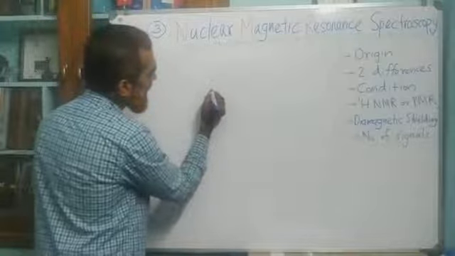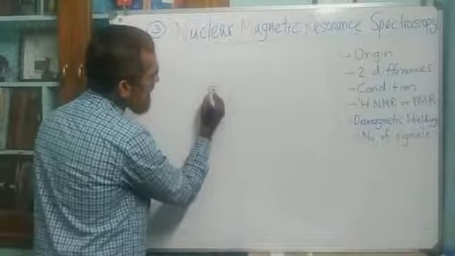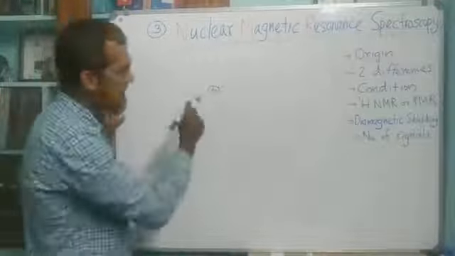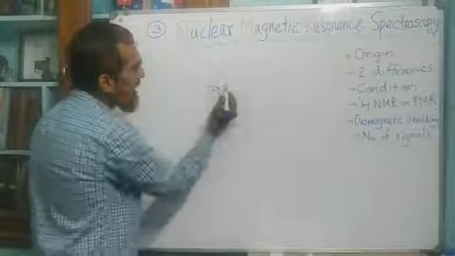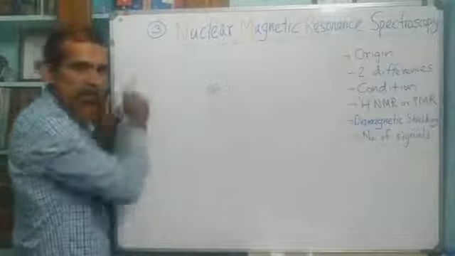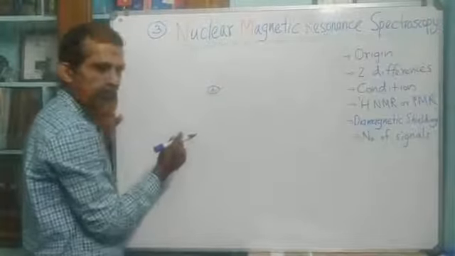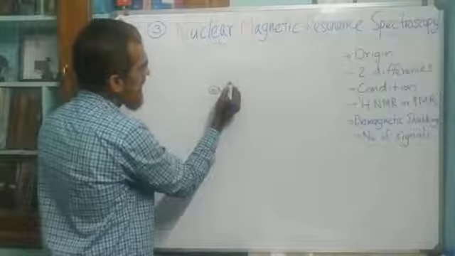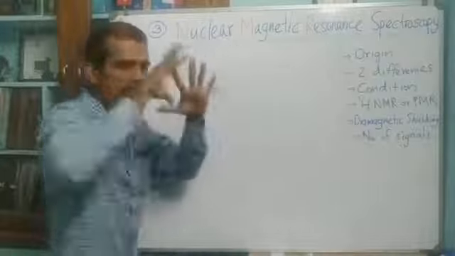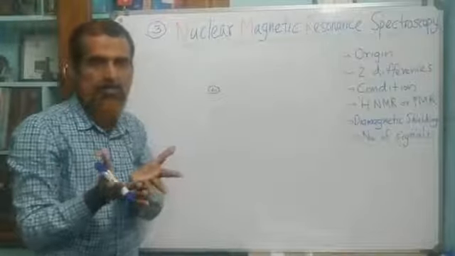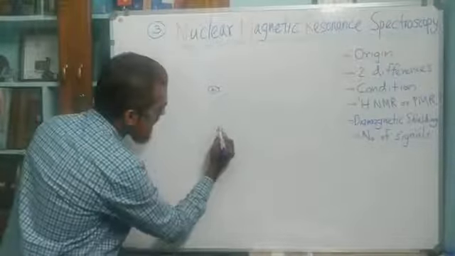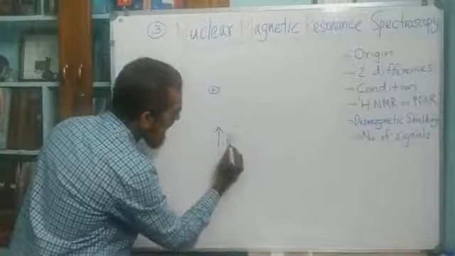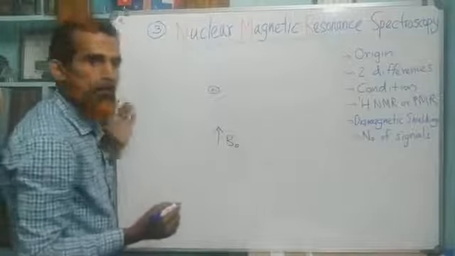See, this is the nucleus, which is spinning and creating a magnetic field. Now around the nucleus there are electrons, right? For every atom, the electron density is spherically arranged in 3D space, but when you keep an atom in the presence of an applied magnetic field, you know what happens?